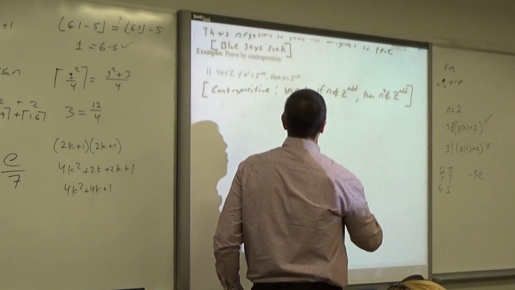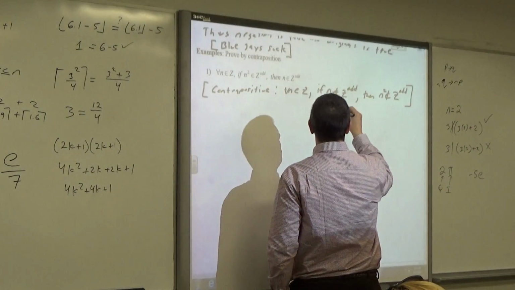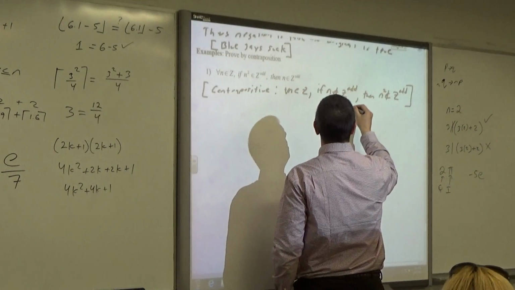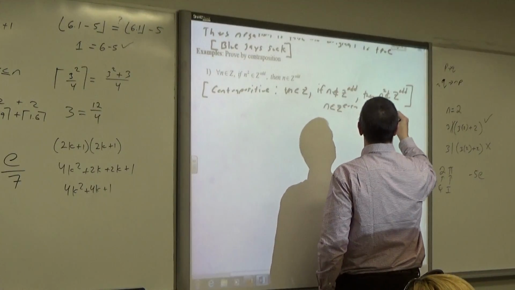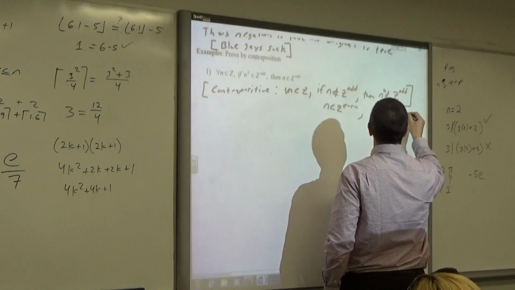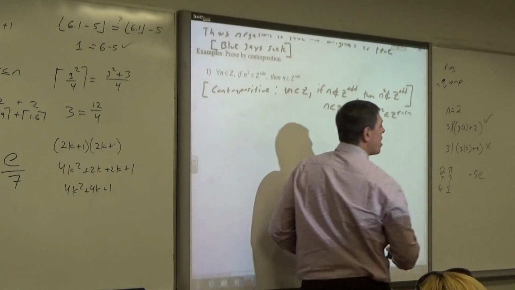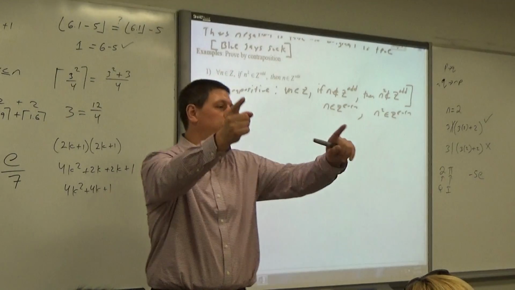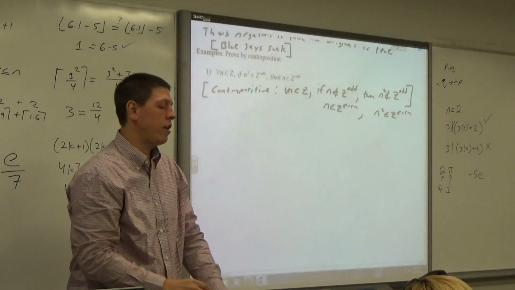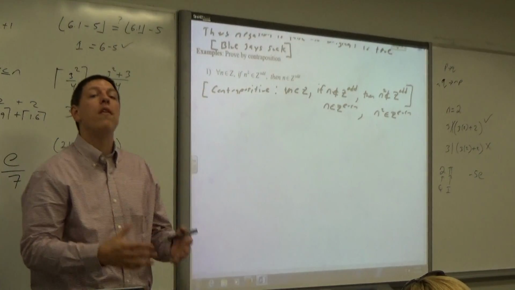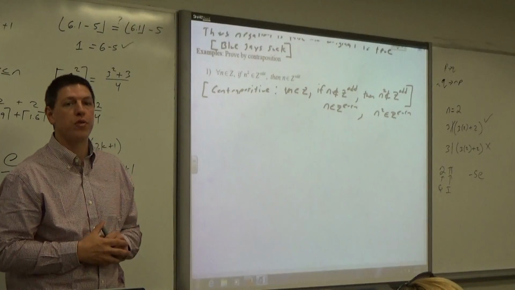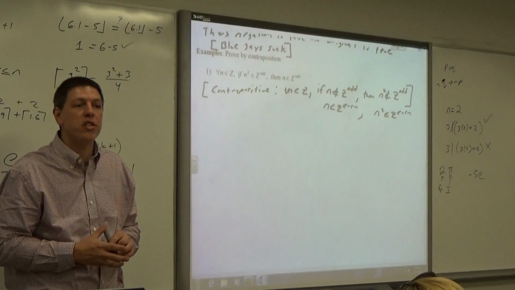So another way to write this is to say, if n is in Z even, because it's either even or odd, then n squared is in Z even. Does that make sense, guys? All we did was flip it around and take the negation of it. Guys, isn't this a proof that we could have done the very first time we looked at direct proofs? This is about as easy as it gets.